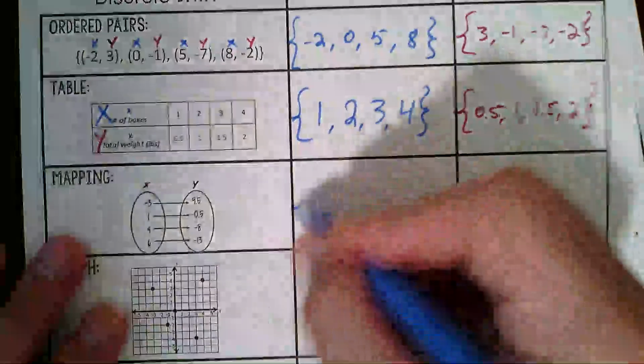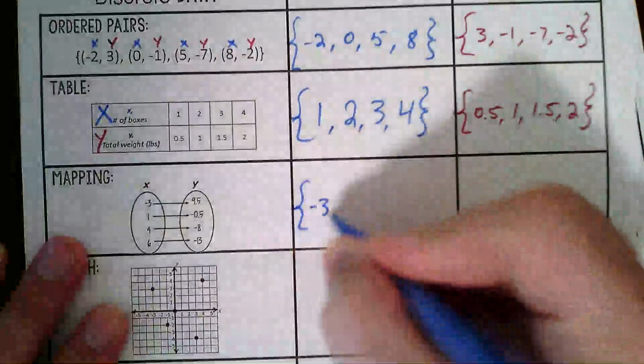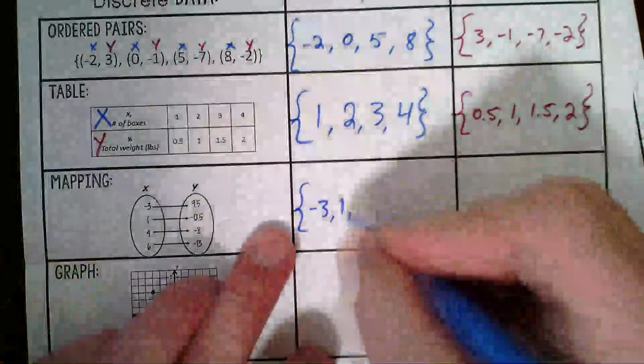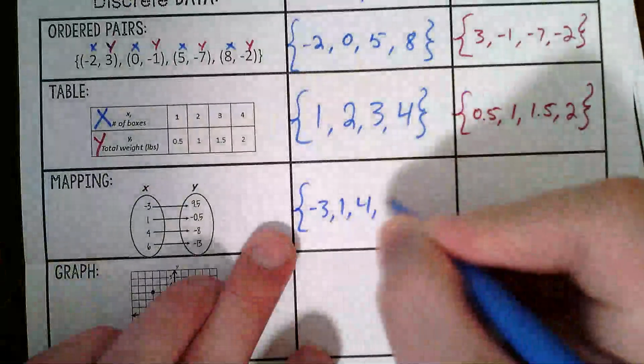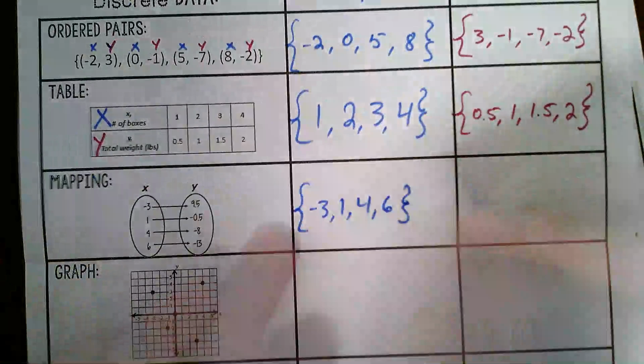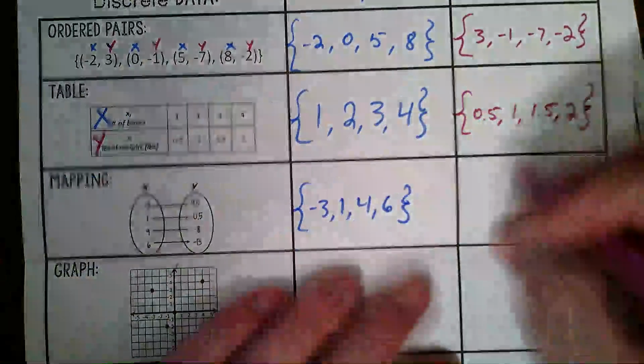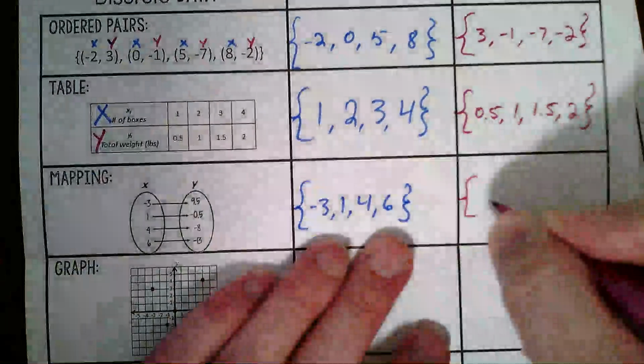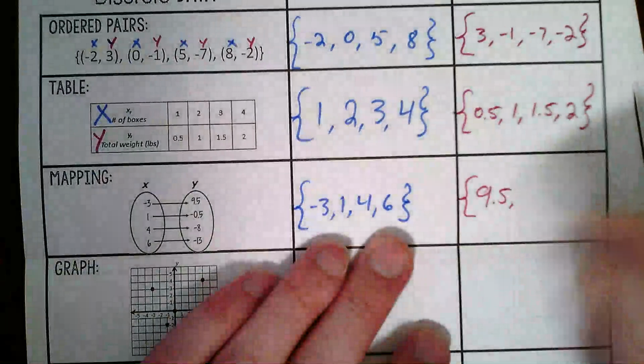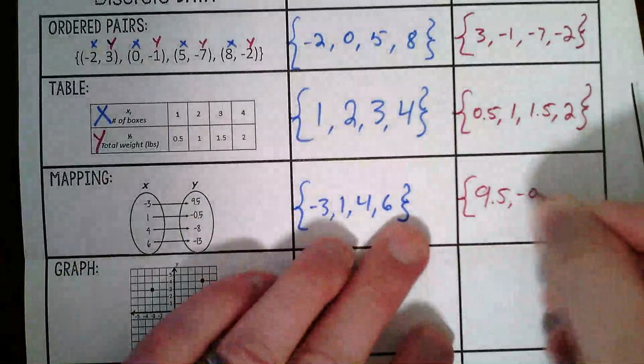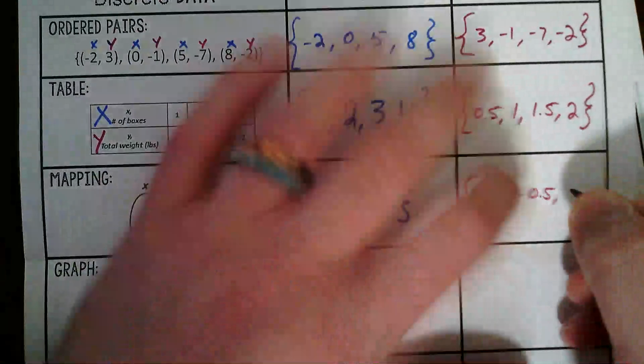We don't really use mapping all that much anymore because we would use a table instead, because if it was up to us, we would graph the data. But you may see mapping on a quiz or a test. -0.5, -8, and -13.